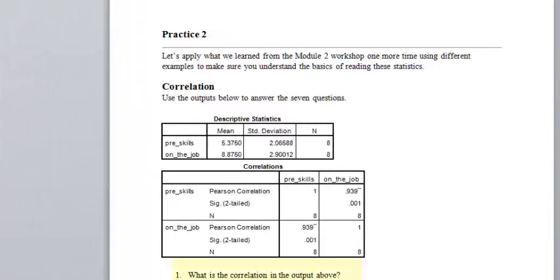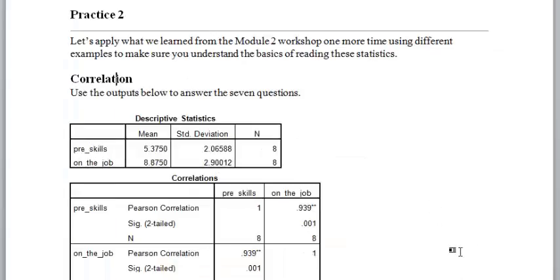So the first question says, what is the correlation in the output box above? And so you should have written 0.939, or if you round it up, 0.94. The second question, is it statistically significant?